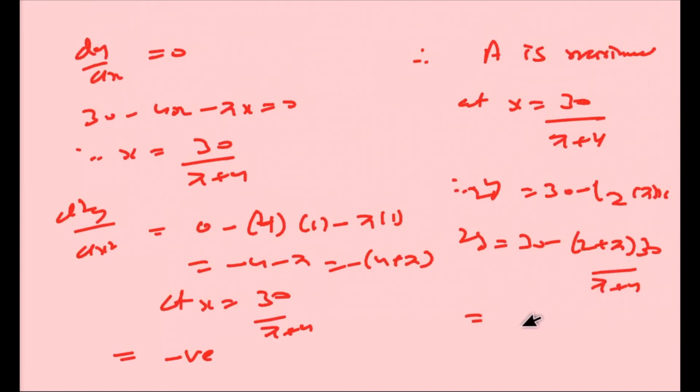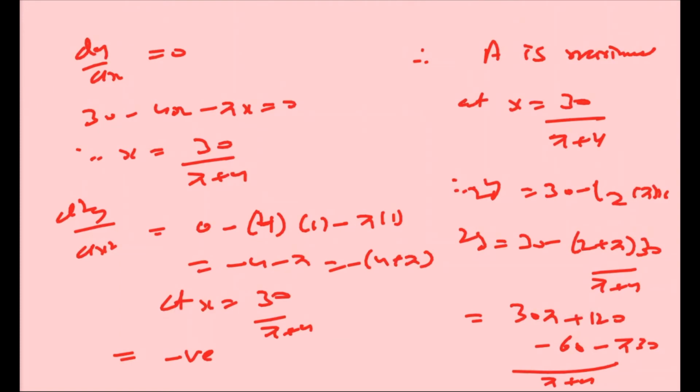So we get 30 pi plus 120 minus 60 minus pi into 30 upon pi plus 4. So we can see here 30 pi is cancelled and here 60.